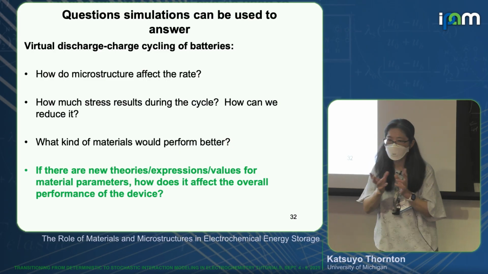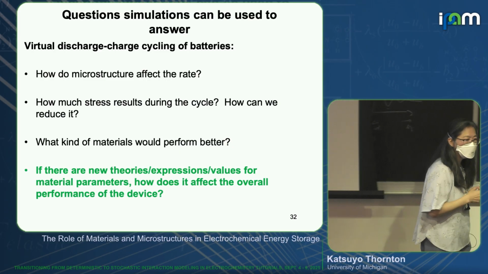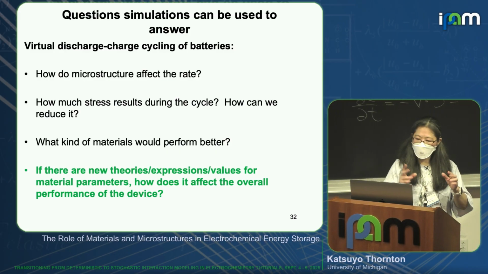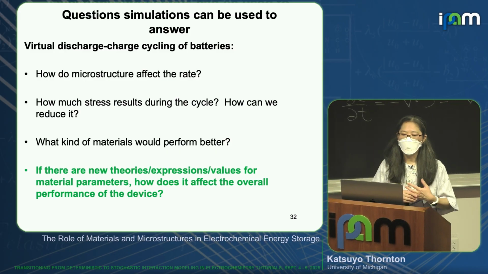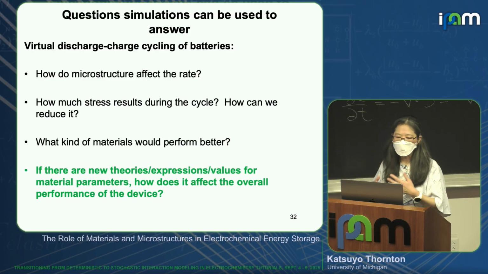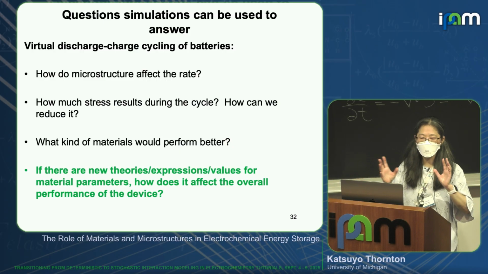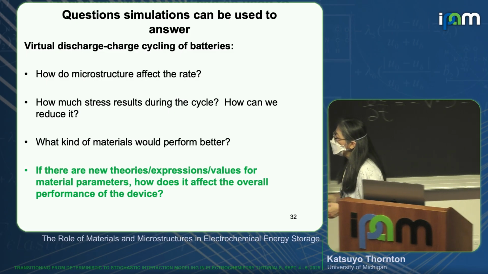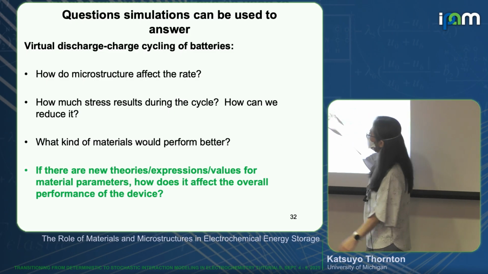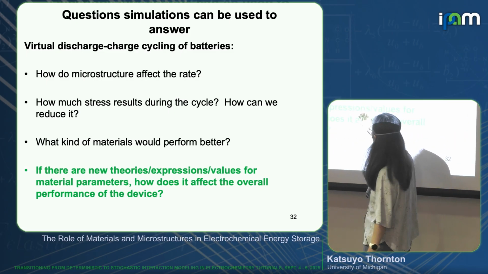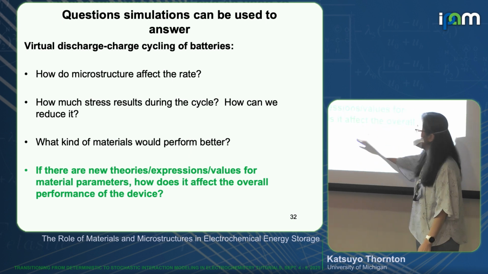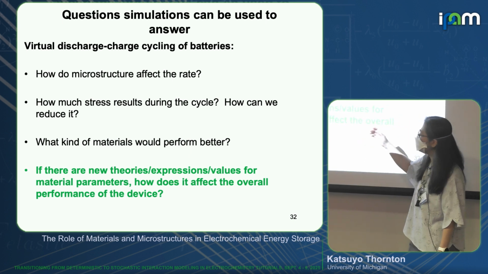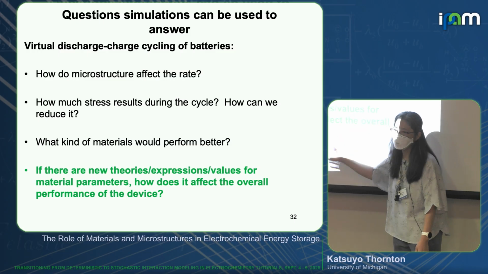So you can tweak the microstructure, see what happens, how much stress results during the cycle, how we can reduce it, and what kind of materials will perform better. Maybe we should look at different parameters and which parameters are actually limiting in this case. And if there are new theories or expressions or values for material parameters, how does it affect the overall performance of the device?